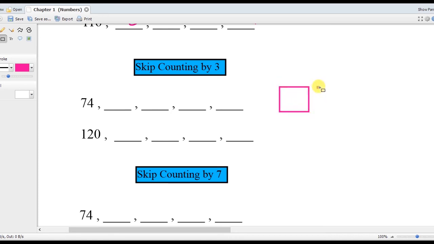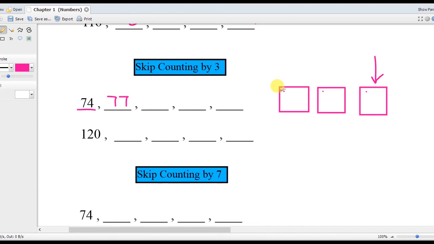Okay, next we have skip counting by 3. So I'm going to draw 3 boxes here. The first number is 74. I am going to start counting after 74. 75, 76, 77. So we land on this box with the number 77.